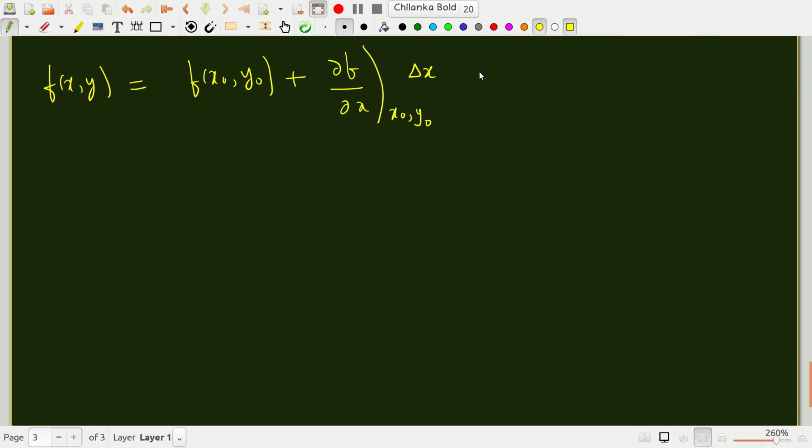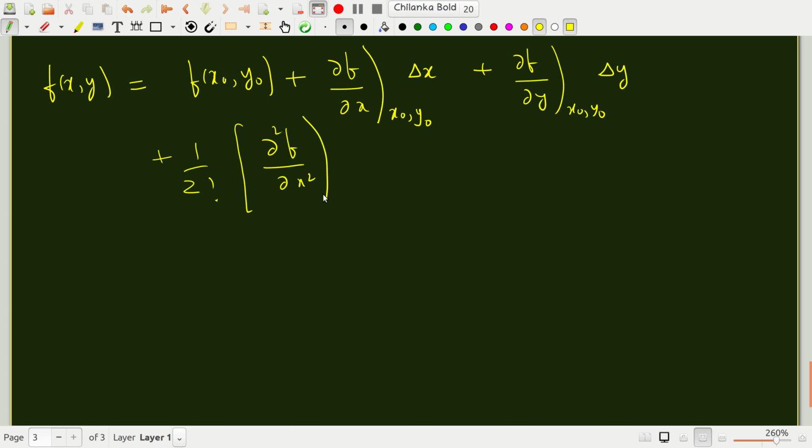It is x minus x0, plus partial f by partial y evaluated at x0 y0 times delta y, plus 1 over 2 factorial times partial squared f by partial x squared, evaluated at x0 y0, which I'll denote as 0, times delta x squared, plus 2 partial squared f by partial x partial y evaluated at 0. The 0 is a short form for x0 y0.